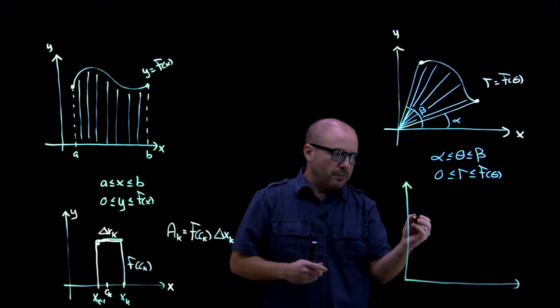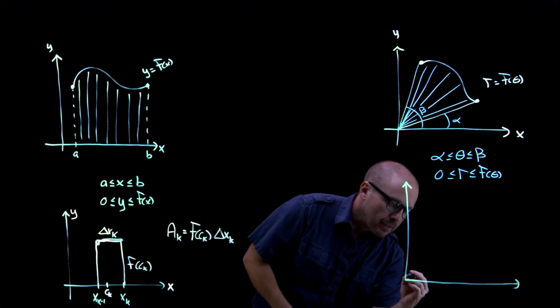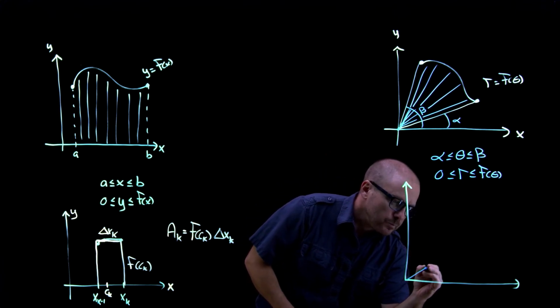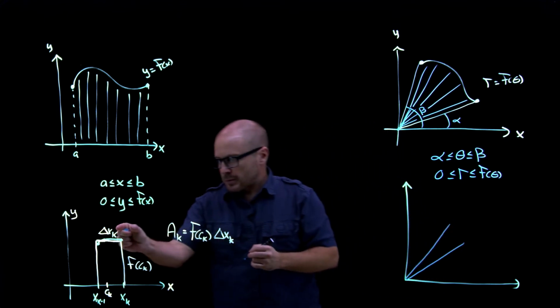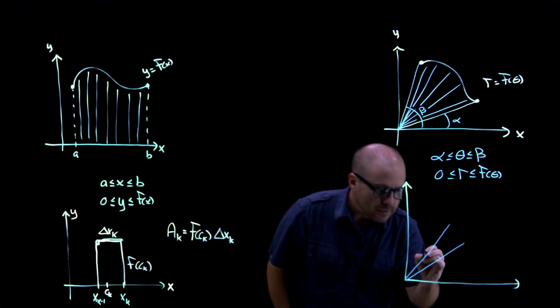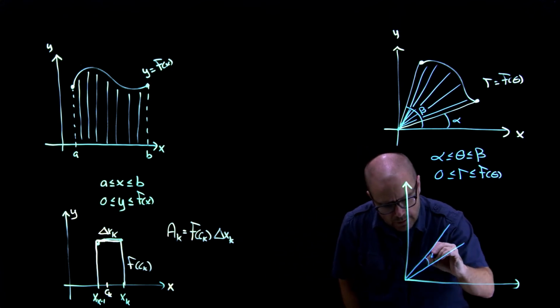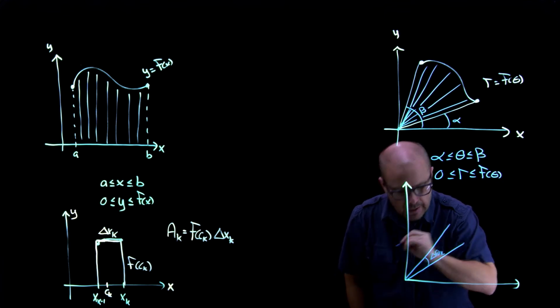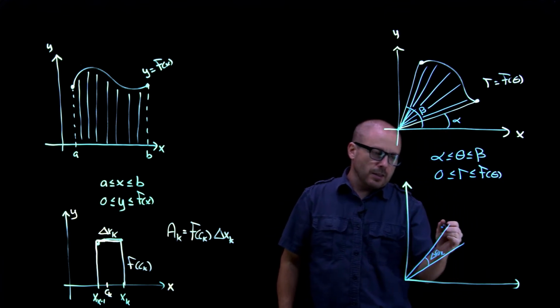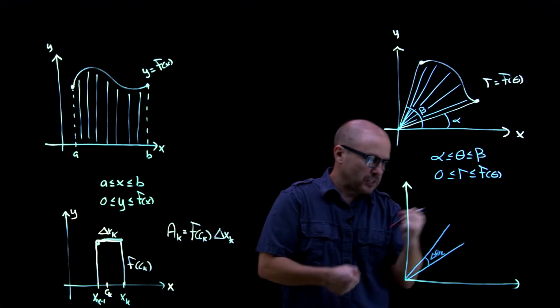So you're going to have some little bit of theta, some small change in your independent variable. So call that delta theta sub k. And then there's some function out here, a little piece of that function, let's say.